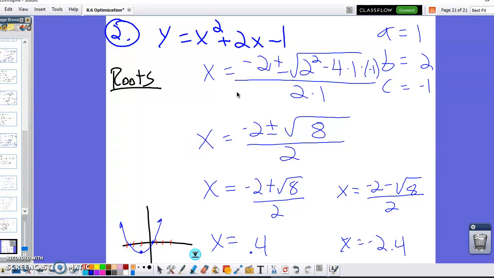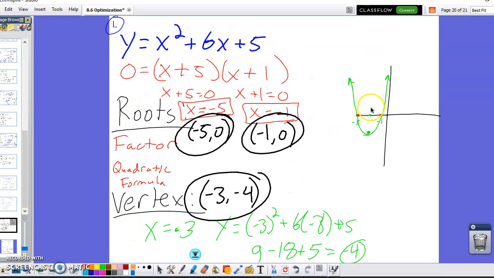Okay? Once we find the roots, on the x-axis, then we've got to find the vertex. We talked about the line of symmetry on this problem, where that's going to be halfway between the roots. Once we find the x-coordinate of the line of symmetry, we can plug it into our original equation and find y.